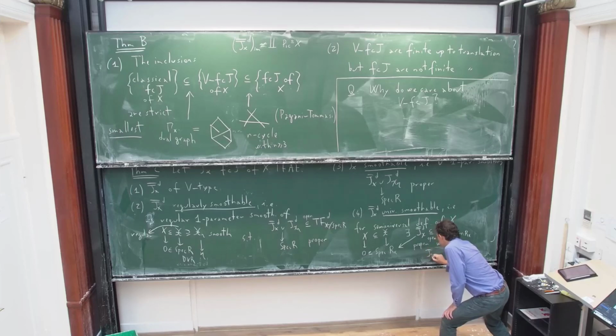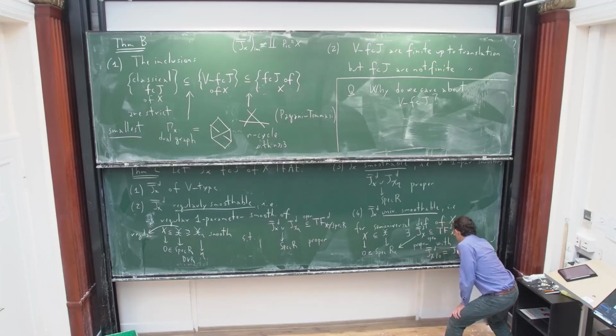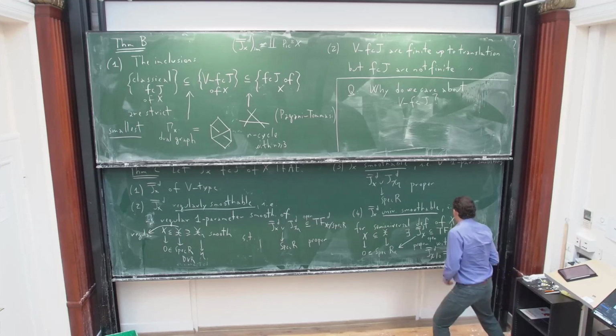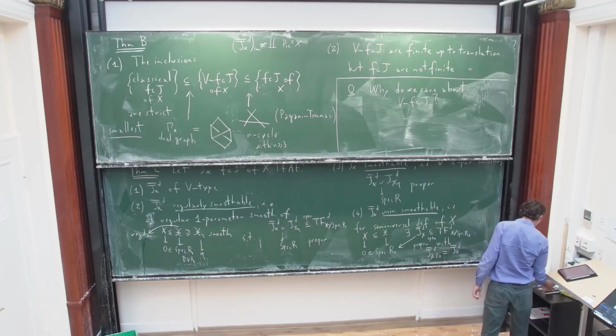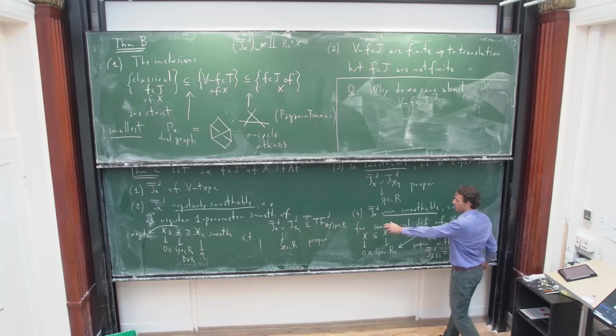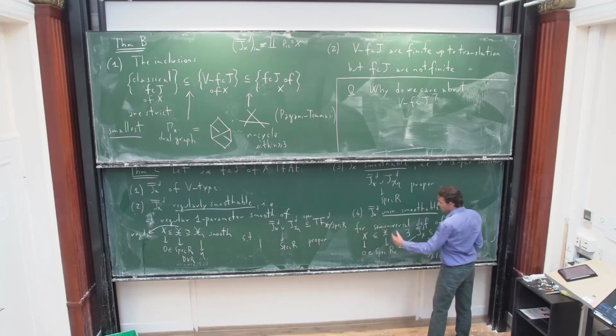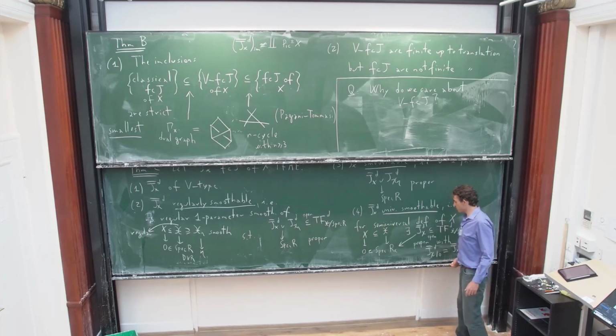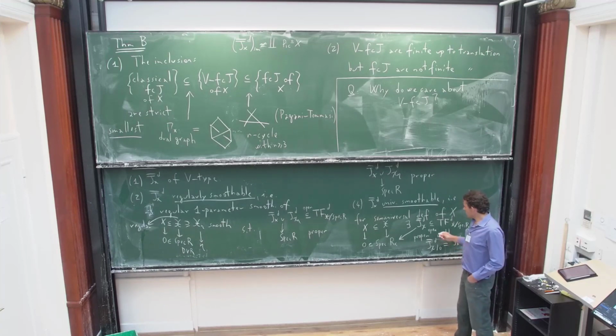So this object over 0 is the original fine compactified Jacobian. So it means that we can extend this fine compactified Jacobian to the semi-universal deformation space of X. And this is very important because this guy here is regular.